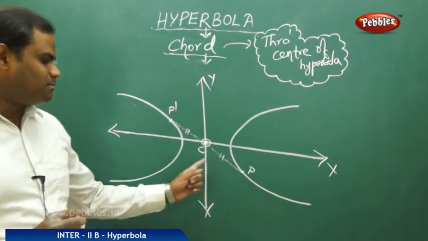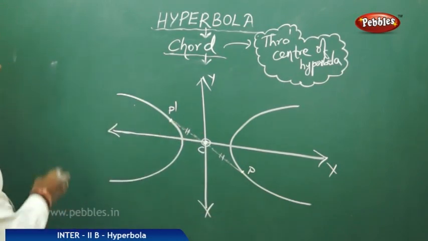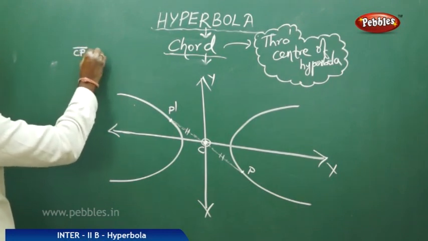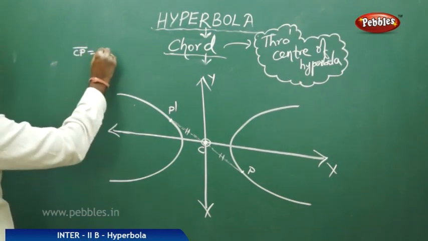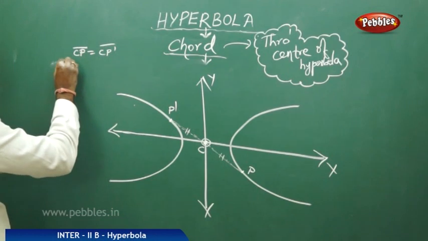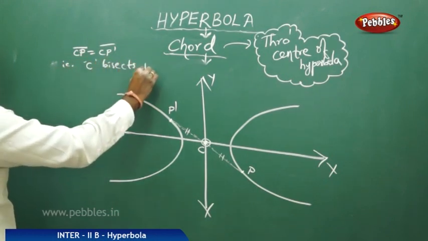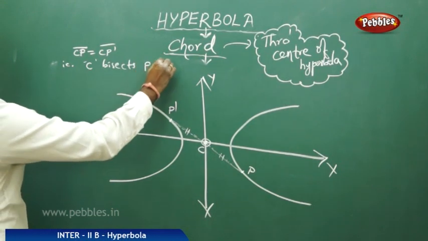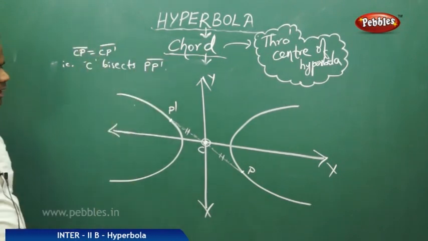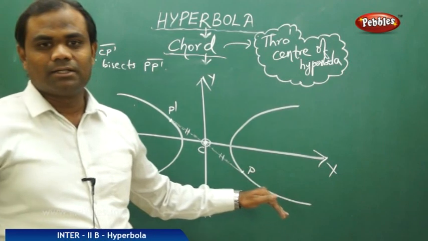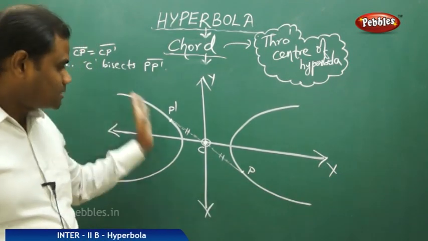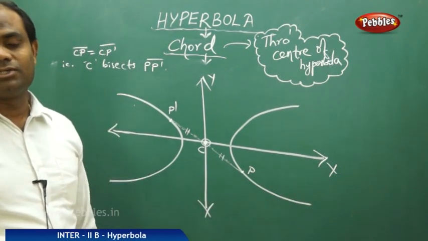That is, C bisects PP dash. That is, CP will be equal to CP dash. So any chord which passes through the center is bisected by the center.